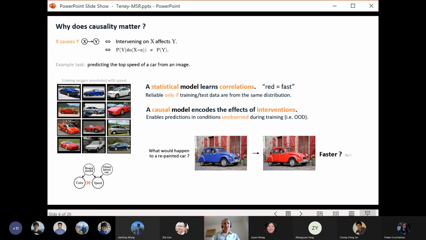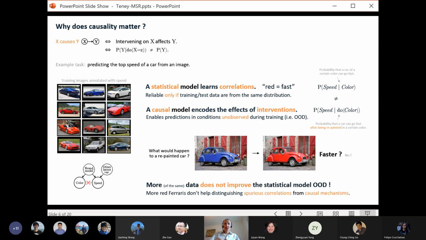So in these two types of models, statistical and causal, we learn very different mathematical objects. And what is important to notice is that for the statistical model, using more data, that is more of the same data, does not turn it into a causal model. So if you get more images of red Ferraris, that's not going to help understand that the relation between color and speed is only spurious.